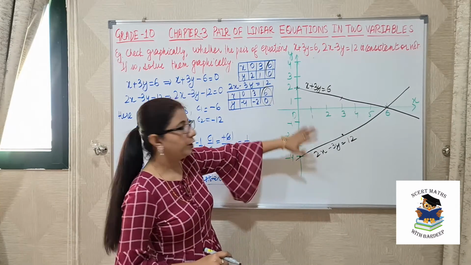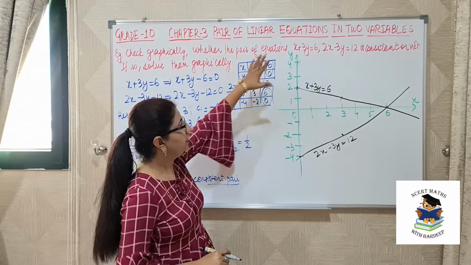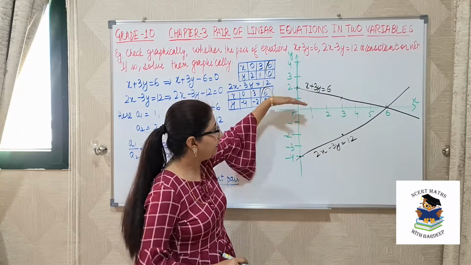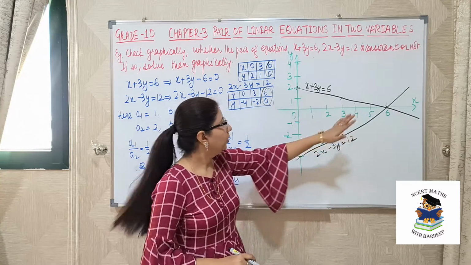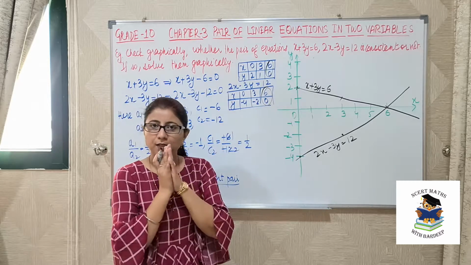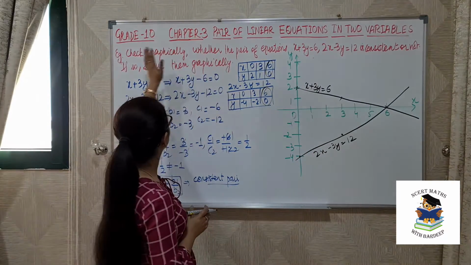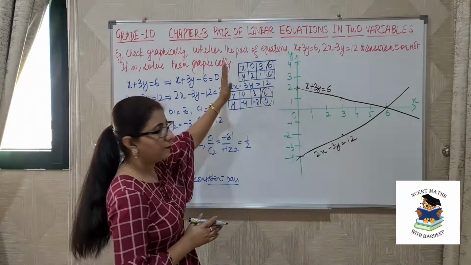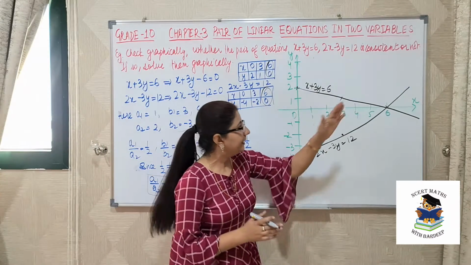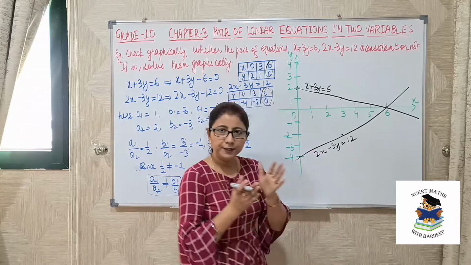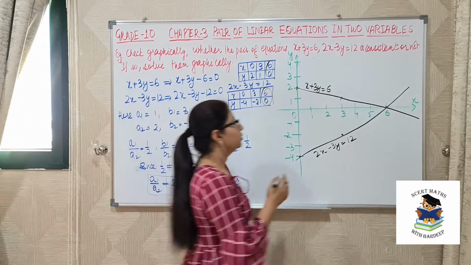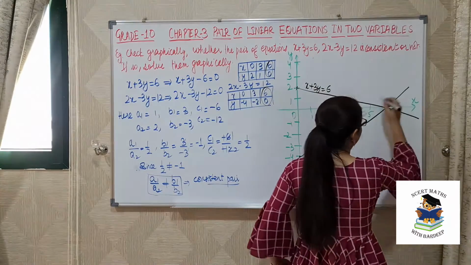Till here, what I have done is I have made the table, plotted the points in the graph, and these two lines are there. Okay. So what is the solution of this pair according to the graph? Because our aim is to solve them graphically. So what is the solution? The intersection point of these straight lines. So this is the intersection point. What is this point?